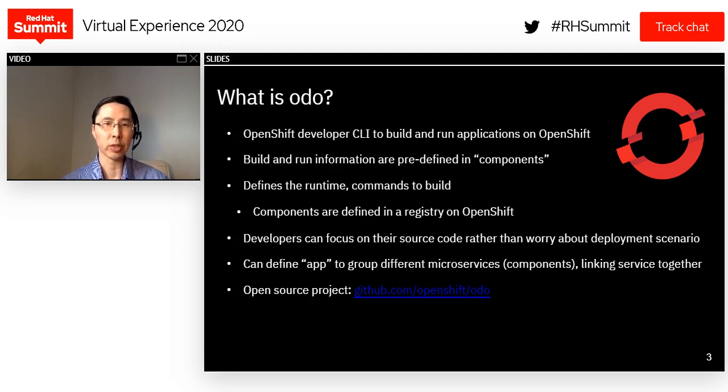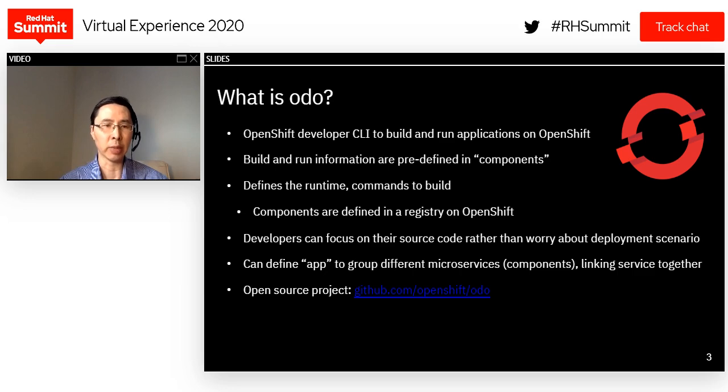Okay, so what is Odo? Odo is actually a developer CLI that will help you to build and run your applications on OpenShift. Odo today is just for OpenShift, and the changes that we're making are making it a little bit more generic. So Odo has got something called the component.